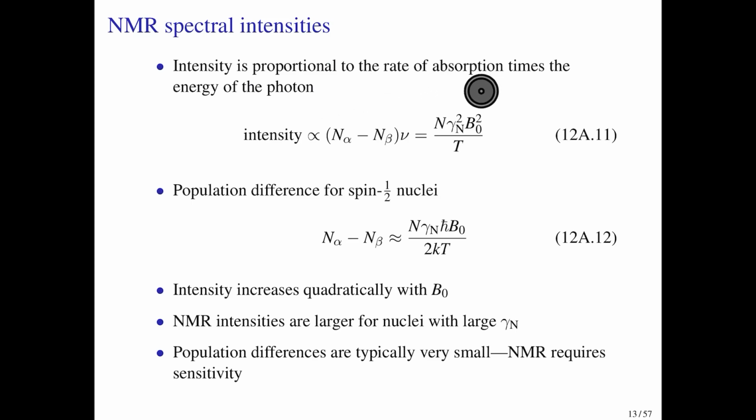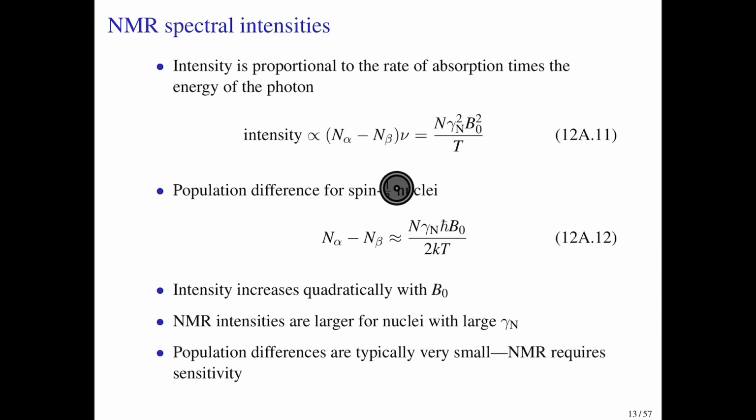Okay, so it's good to use strong fields. It's also proportional to the magnetogyric ratio of the nucleus. So nuclei that have a larger ratio will give you stronger intensity in your NMR spectrum. It's also inversely proportional to temperature. That comes from the Boltzmann factor.